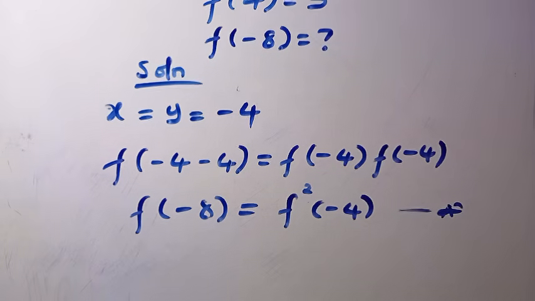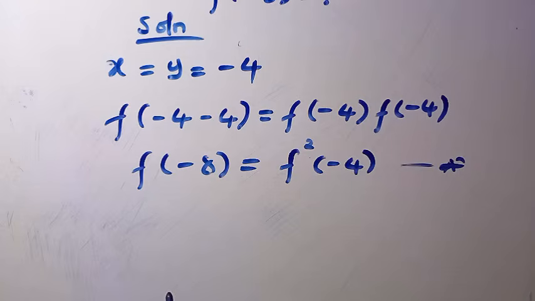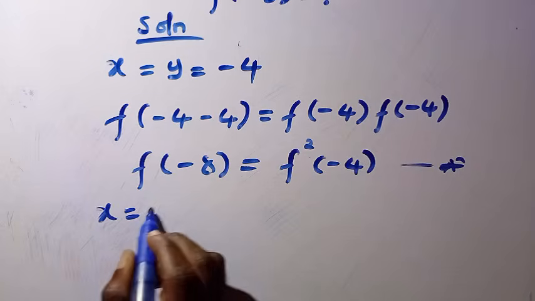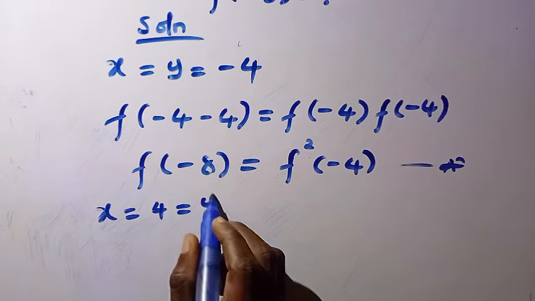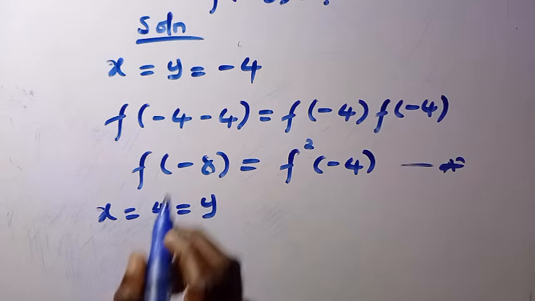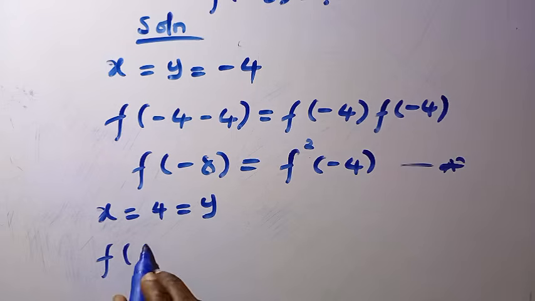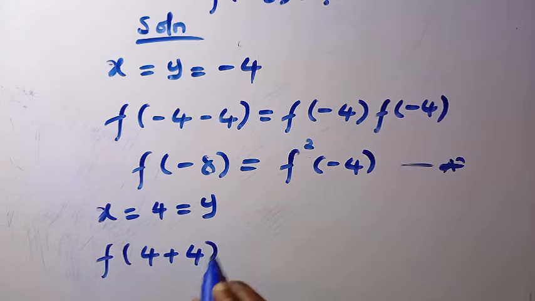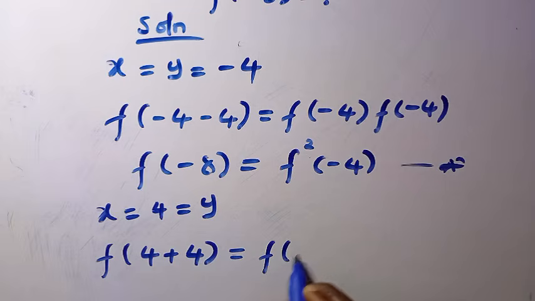And again, looking at x = 4 = y, by replacing it, we have f(4 + 4) = f(4) multiplied by f(4).